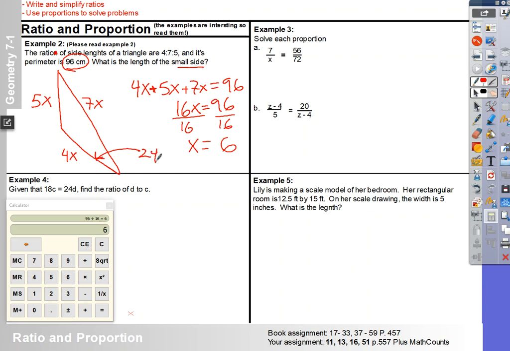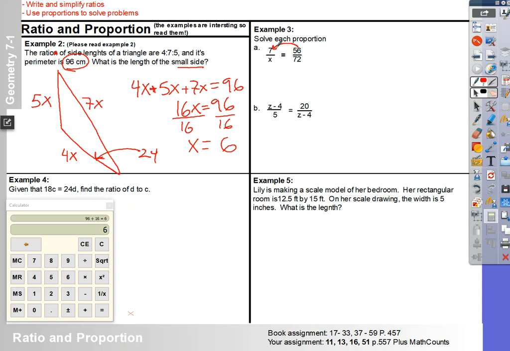Oh, solve each proportion. Well, do I know off the top of my head what I did with 56 to get 7? I know scale factor is either multiplying, or sometimes you think of it as division, even though you're multiplying by a fraction.